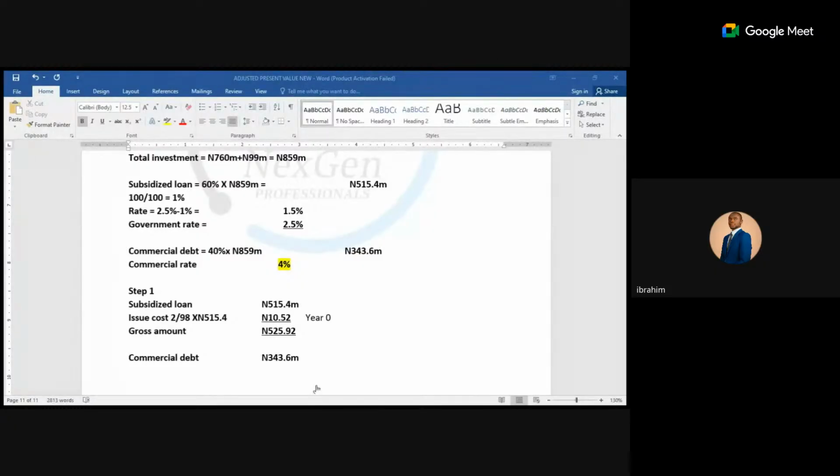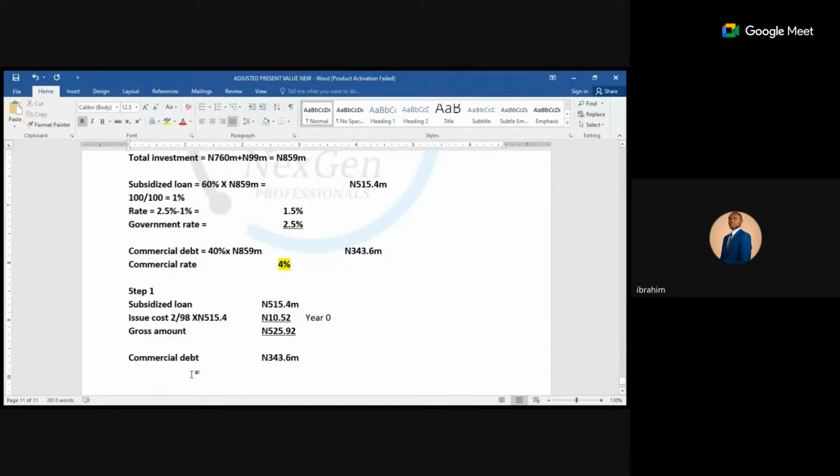Let's look at it practically. The commercial rate in the bank as of today includes MPR and the subsidized rate. So, addition of this, we give the commercial rates.